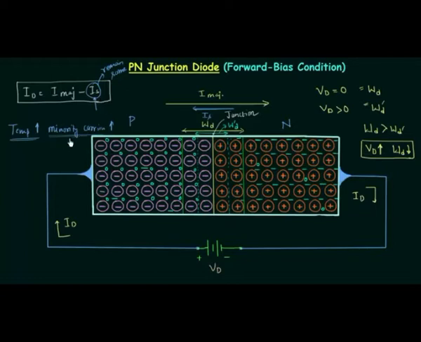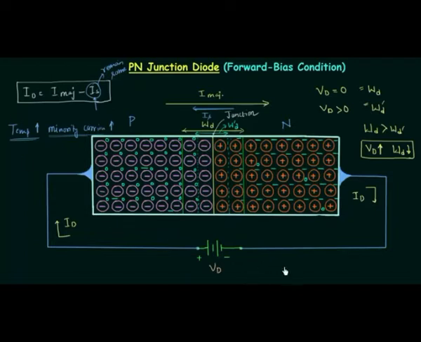But there is change in diffusion current. The depletion layer is reducing because of the applied forward potential, and the electrons on n side will see a reduced depletion layer, and also it will be attracted towards the applied positive potential on the p side. So there are two things happening. The first thing is the width of depletion layer is reducing, and hence we can say that the barrier potential is also reducing.